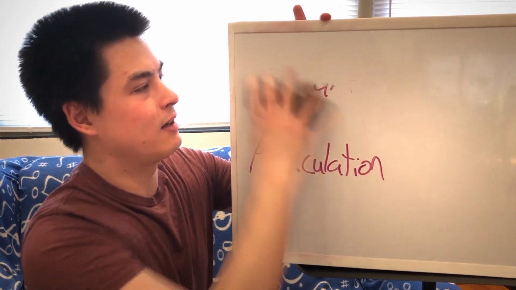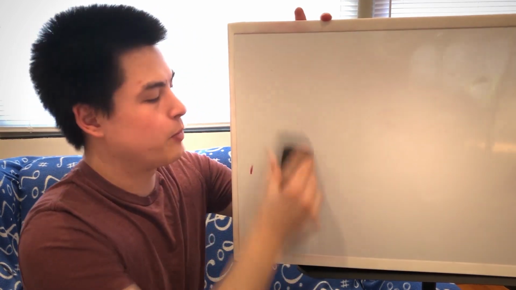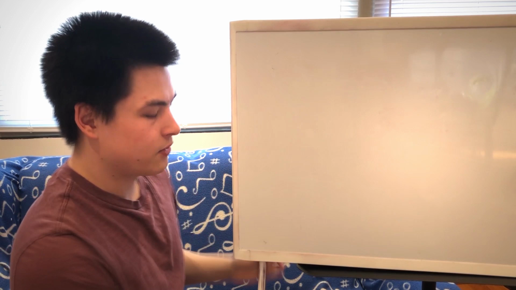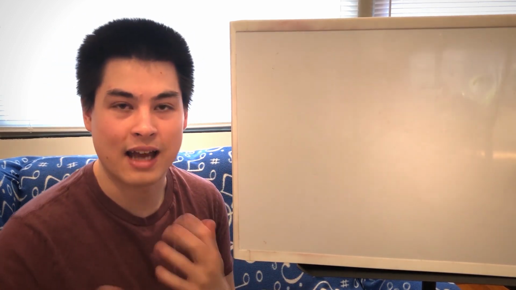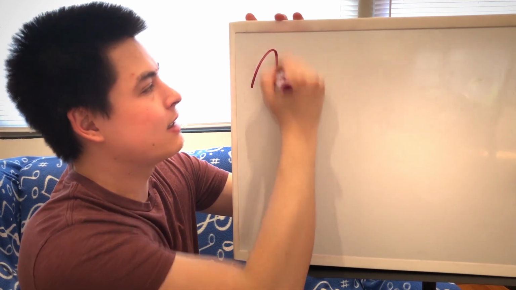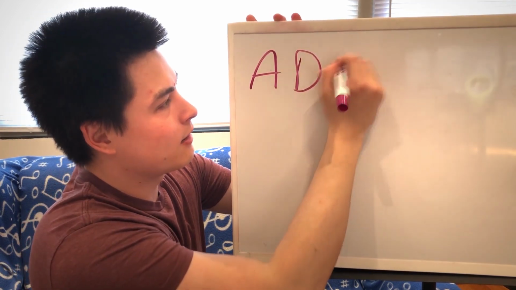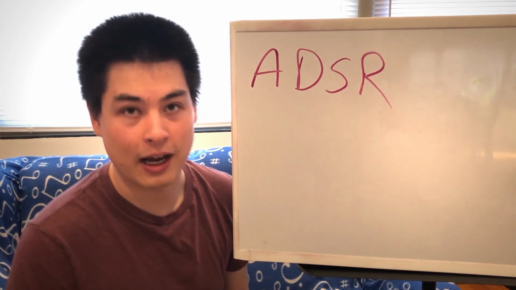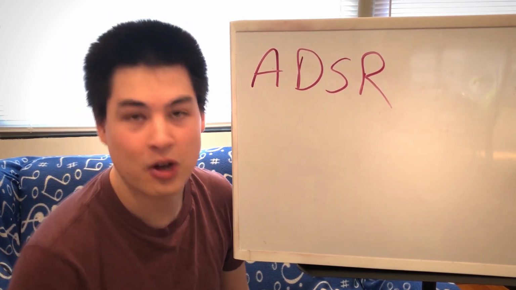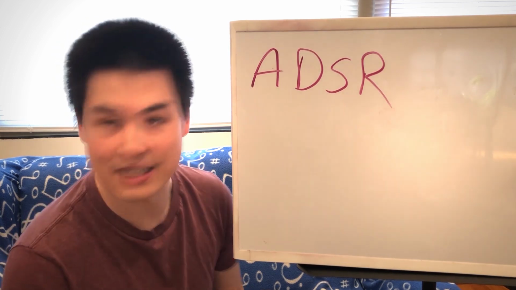So this idea of 3 parts to a note, or 3-part articulation, comes from an audio and sound engineering idea called ADSR. I am by no means a sound engineer or big audio person, but I do have a small idea of these things.